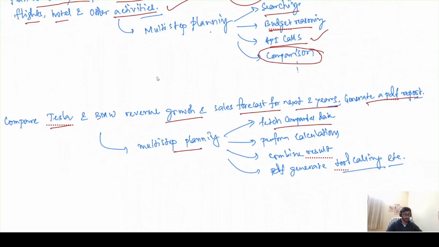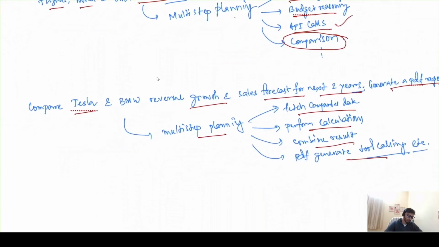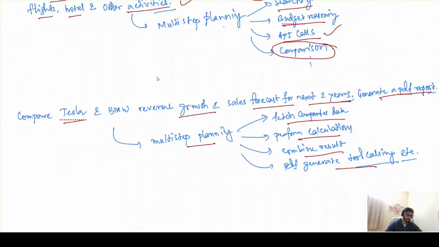You need to fetch the company's data, sales data, and then perform some calculations, and then combine the result, and then call the PDF generate tool to generate the report for you, right? So here also decision making or multi-step planning is required. So in these cases, you can go for an AI agent.